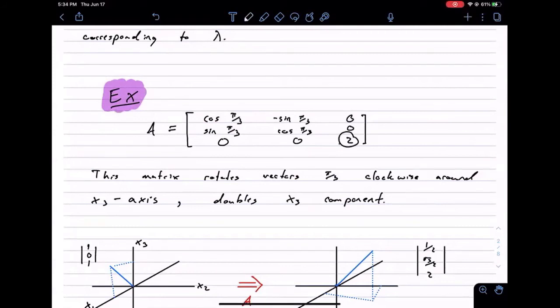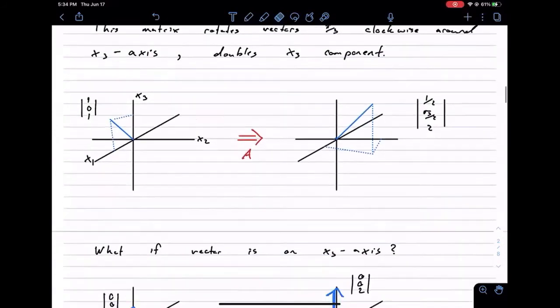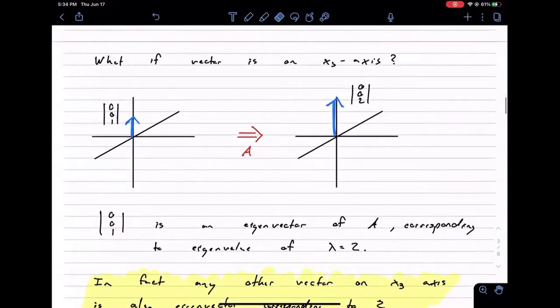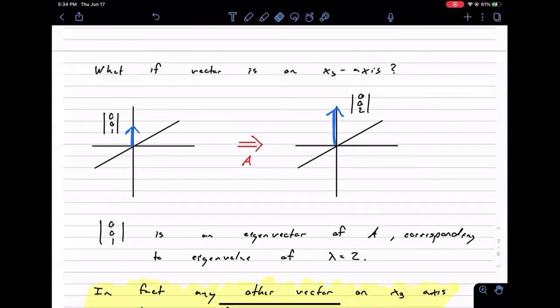What happens to my vectors on that x3 axis? They just get doubled, right? We go from 0, 0, 1 to 0, 0, 2. So this vector 0, 0, 1 is an eigenvector, right? When we multiply it by the matrix, it just gets stretched, doubled by 2. So 0, 0, 1 is an eigenvector of A corresponding to the eigenvalue lambda equals 2.